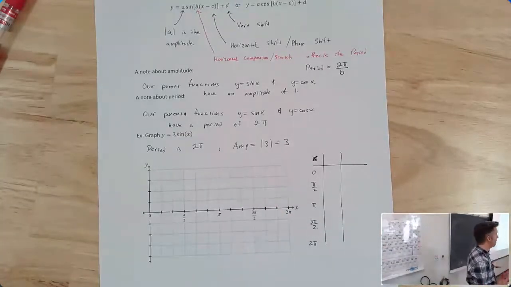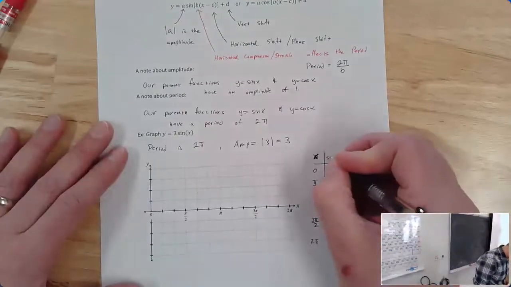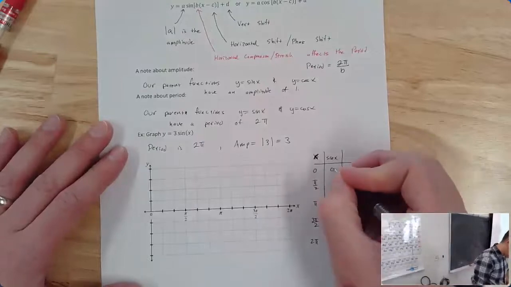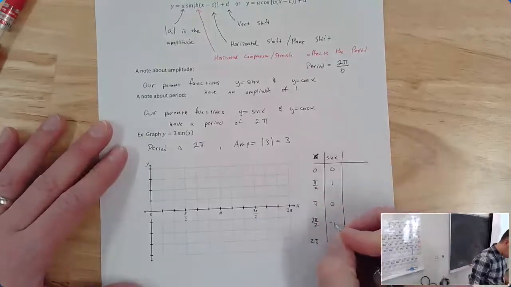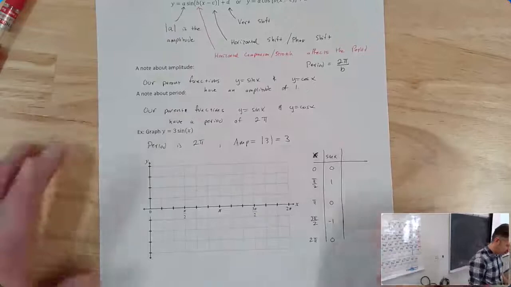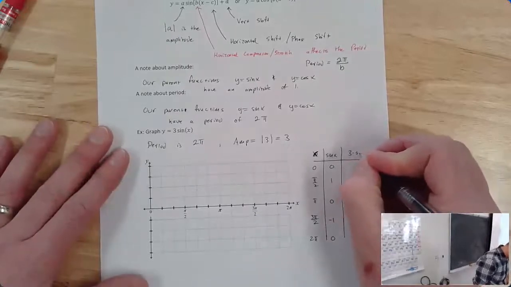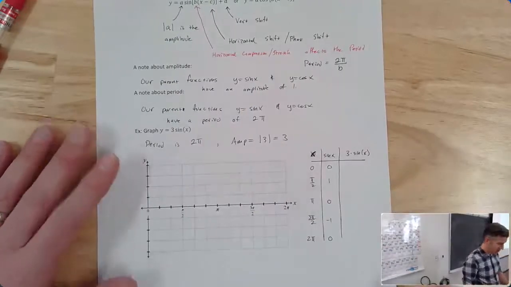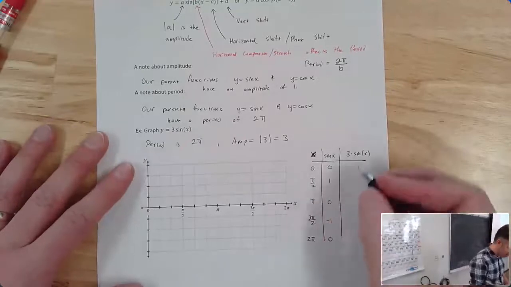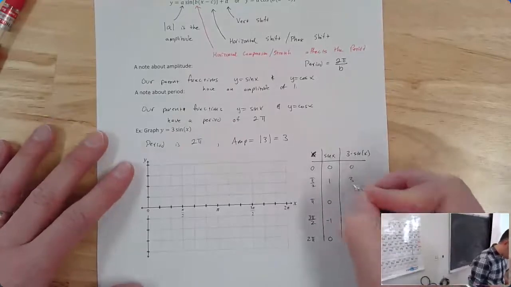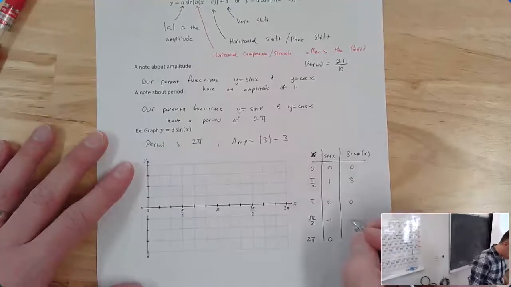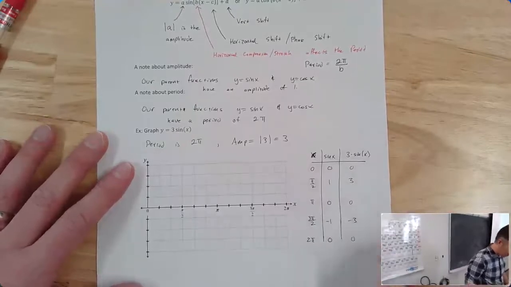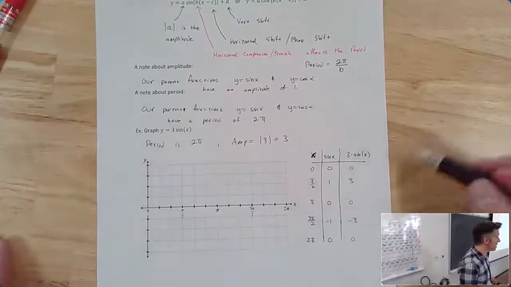We're just breaking up the period into 4 equal quarters. And then our sine of x was our typical 0, 1, 0, negative 1, 0. And if we're going to take 3 times sine of x, all we're going to do is 3 times each of these values. We're going to get 0, 3 times 1, 3 times 0, 3 times negative 1, 3 times 0.